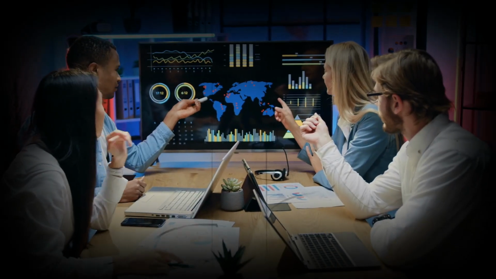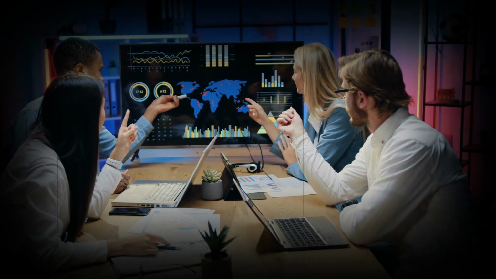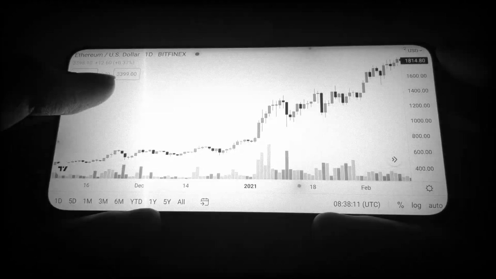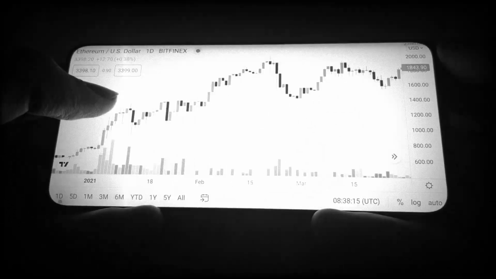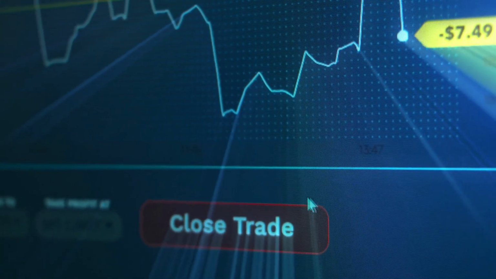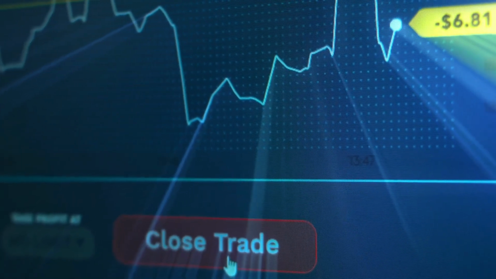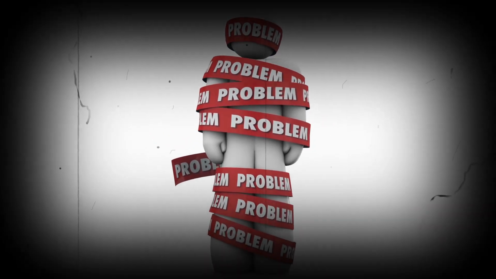This indicator has 2 lines, a buy line and a sell line. If the buy line crosses above the sell line, that could be a signal to buy the stock. And if the sell line crosses above the buy line, that could be a signal to sell. But again, while it might work sometimes, there's a big problem.